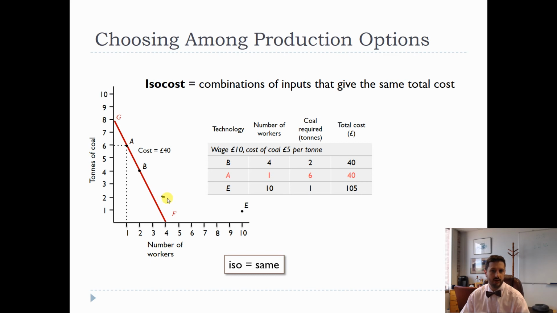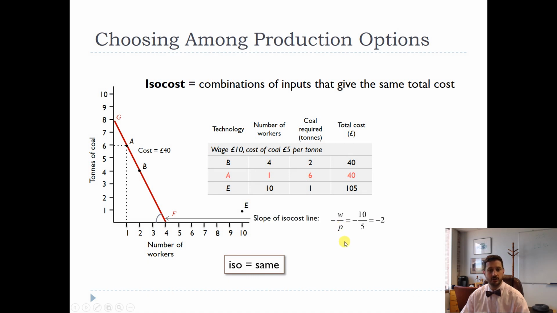And that isocost curve that goes through point B would be 50 pounds. It would be parallel to the one we just drew because we're drawing it for the same cost, 10 pounds for a wage and 5 pounds for coal. But the point going through A is closer to the origin and therefore is cheaper. All right. We should erase that. There we go.